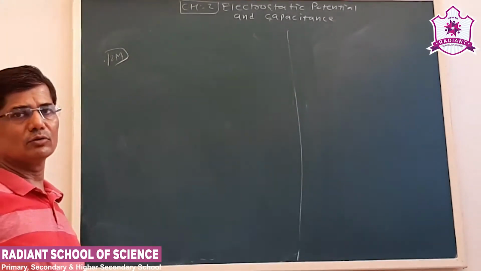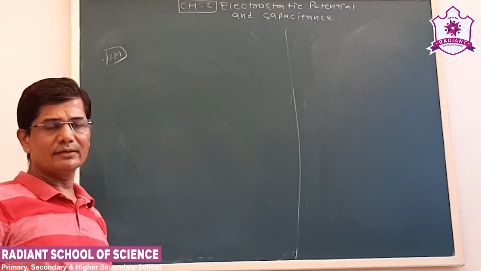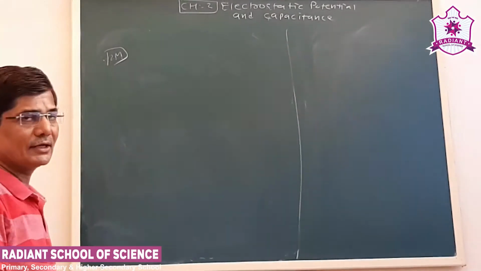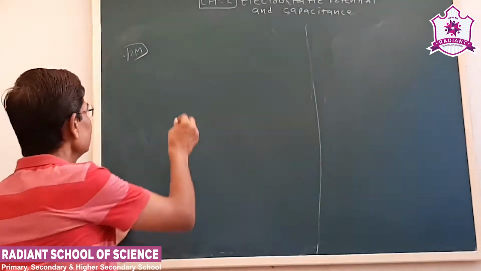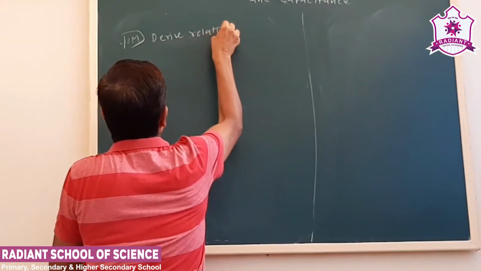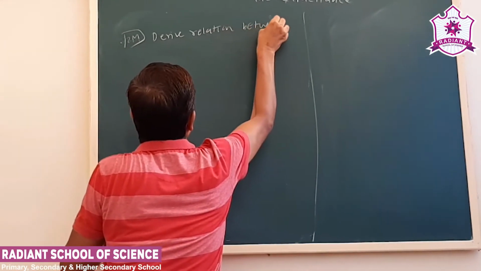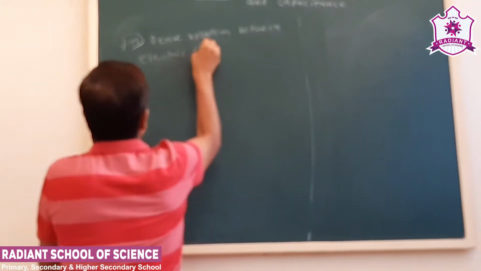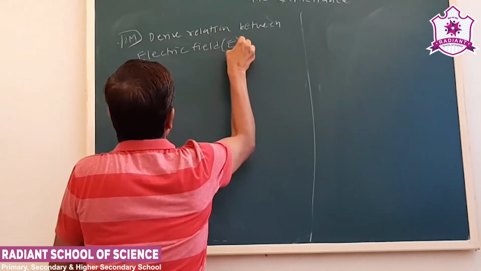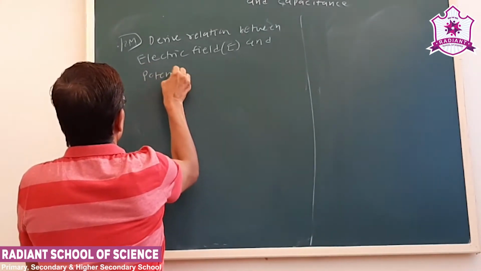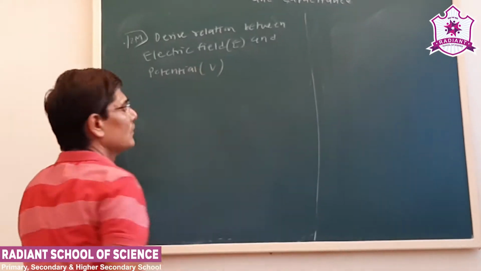Now next we have to derive the relation between electric field and electric potential. This again can be asked in a 2 mark question. Derive the relation between electric field and electric potential.